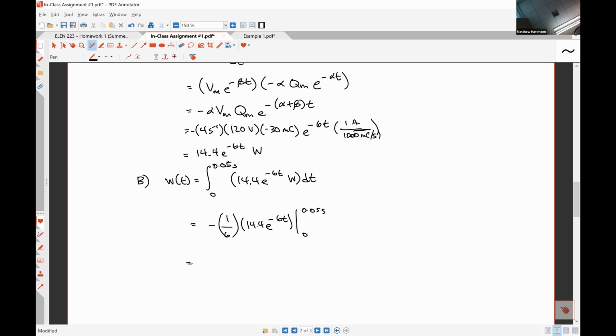And so this is going to be negative 1/6 times, actually let's move that 14.4 out as well. e to the minus 6 times 0.05 minus e to the 0. And e to the 0 is not 0. That's another common mistake I see people make.